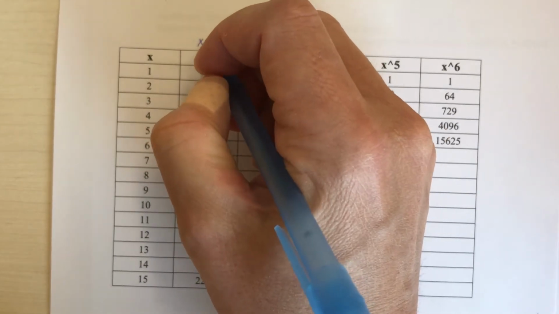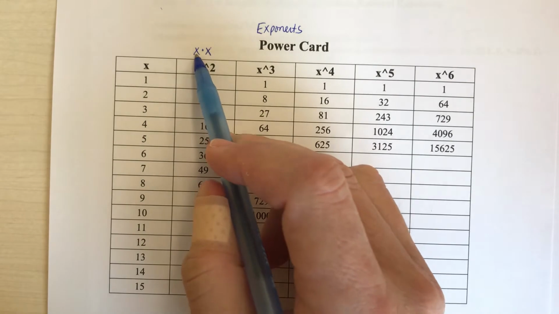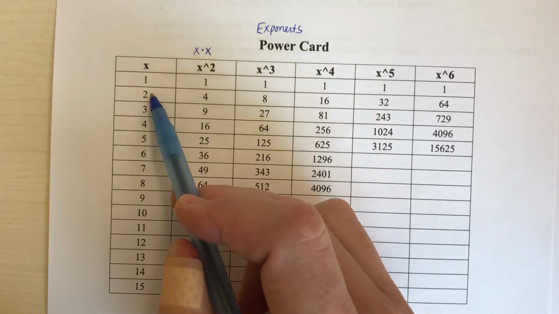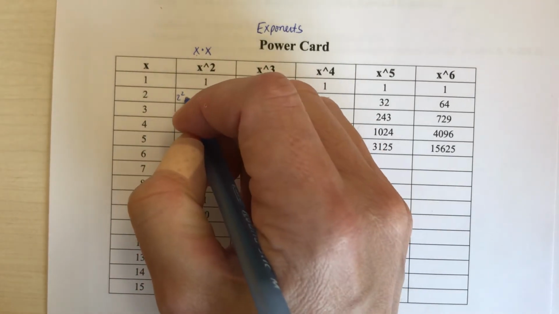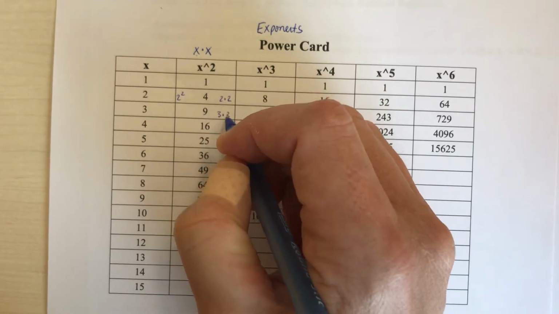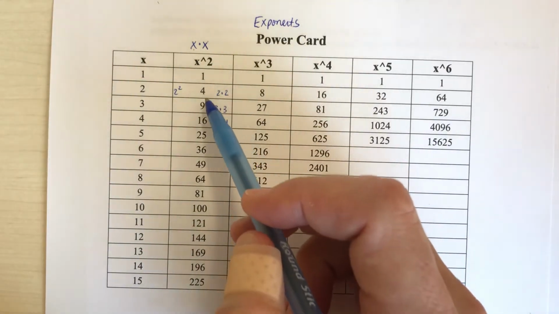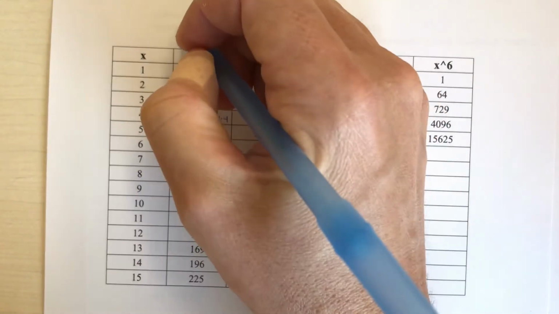So when we square, when we raise it to the second power, that means we take the number and we multiply it by itself. So if we take 2 squared, for example, that is 2 times 2, which is how we get to 4. 9 is 3 times 3, 16 is 4 times 4, and so on. And so here's the first 15, what we call perfect squares.